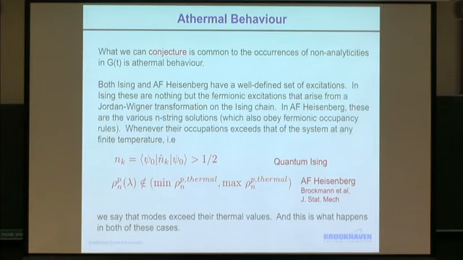Both the quantum Ising model and the antiferromagnetic Heisenberg model have a well-defined set of quasi-particles. For Ising the quasi-particles are just fermions. For the antiferromagnetic Heisenberg chain, you can take the quasi-particles to be the various string solutions of the Bethe Ansatz equations.